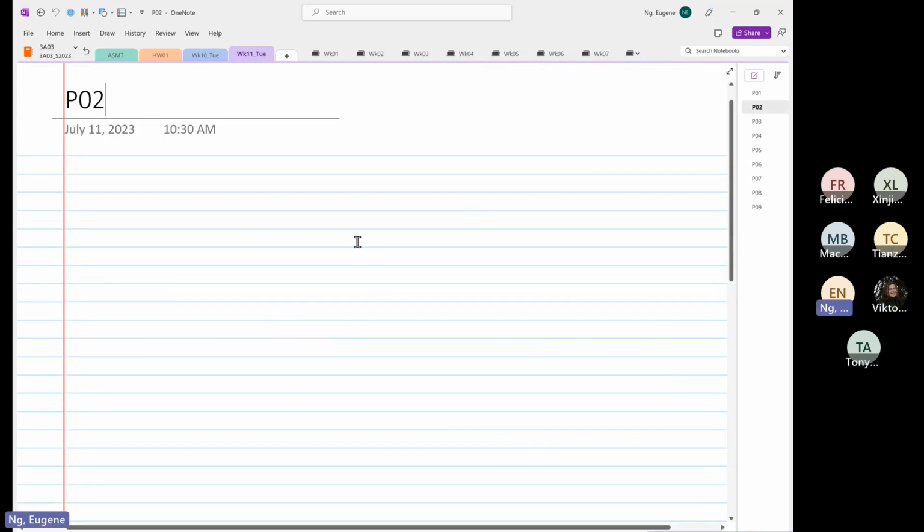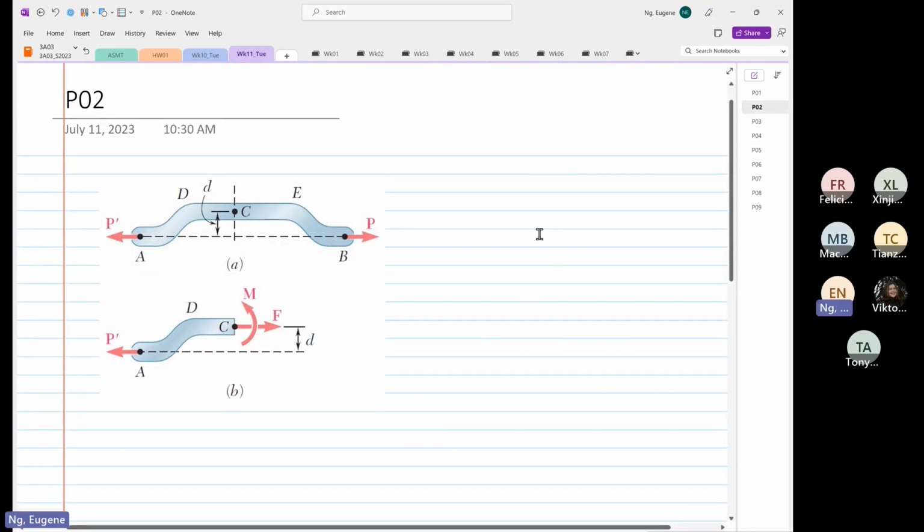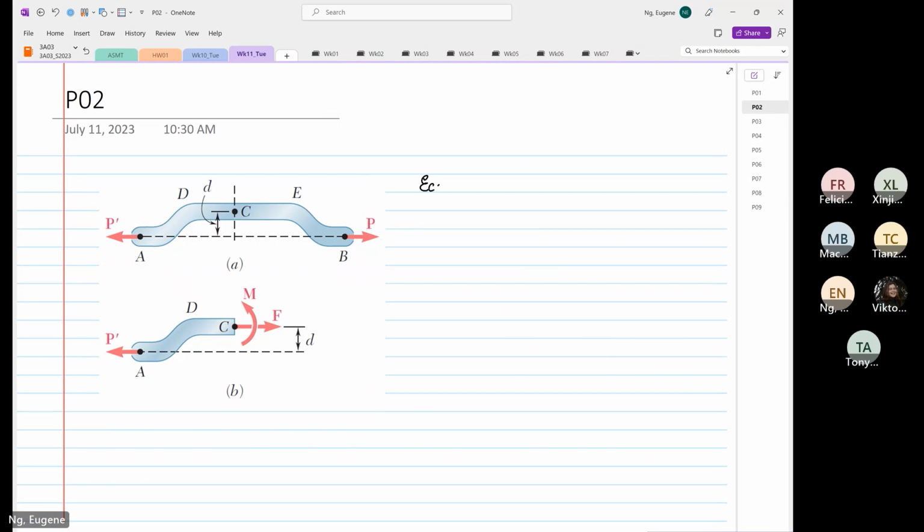We learned this a while ago. The loading is known as eccentric symmetrical bending.